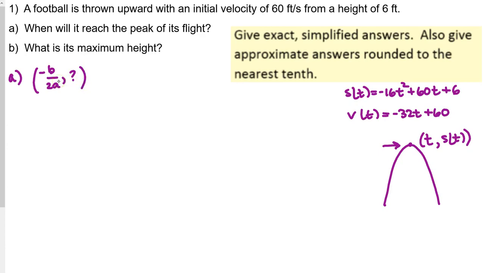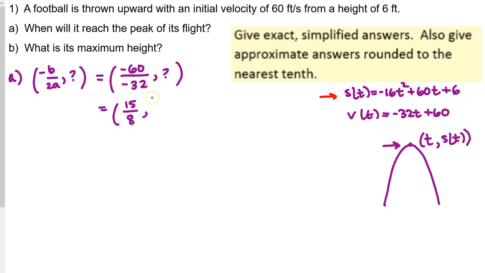So let's go ahead and take our equation and look for the values of b and a. b is 60, so we have negative 60, and a is negative 16, so we have negative 32 for 2a. And this reduces, we can cancel the negatives, so this reduces to 15 eighths.